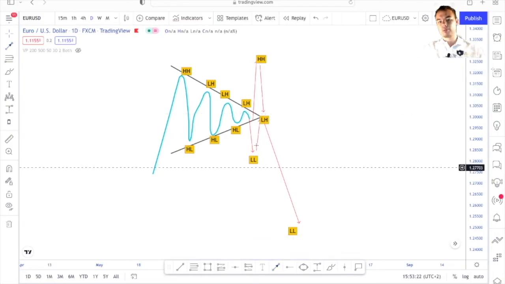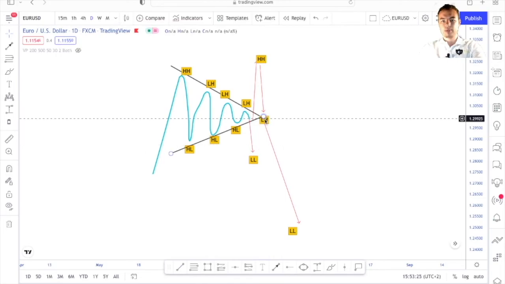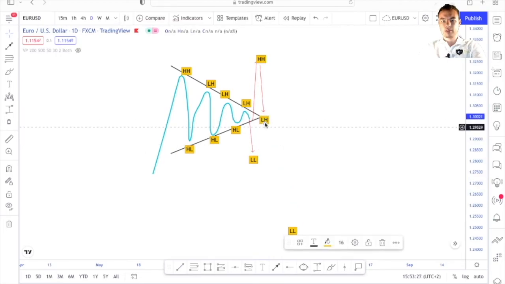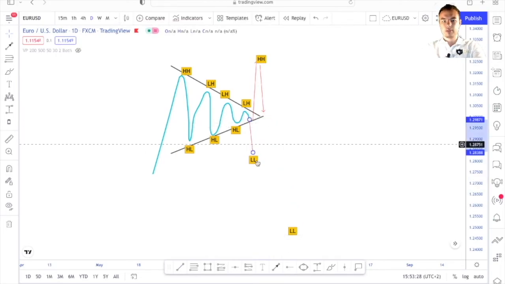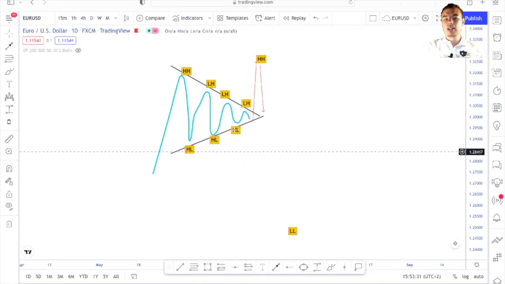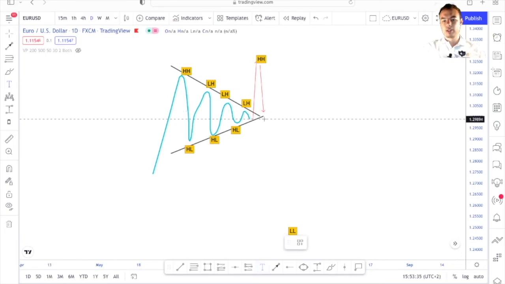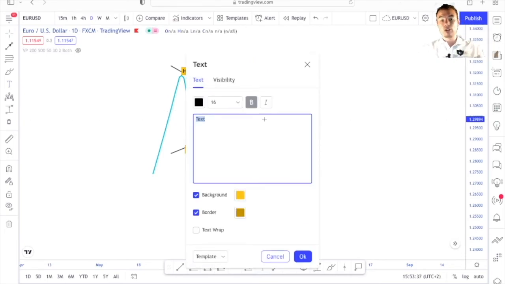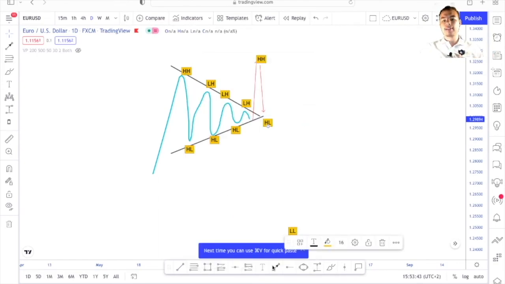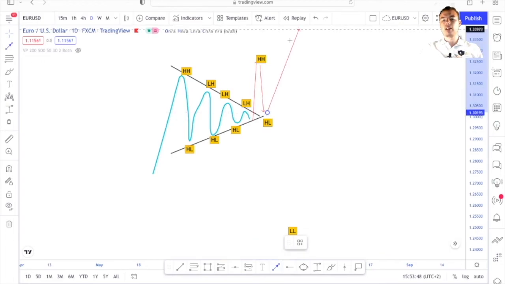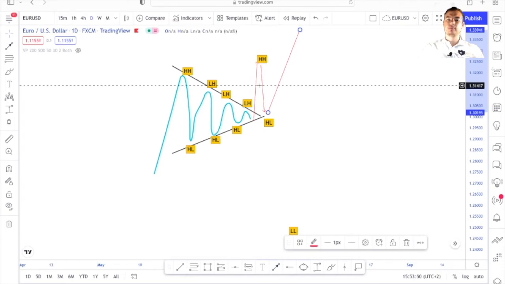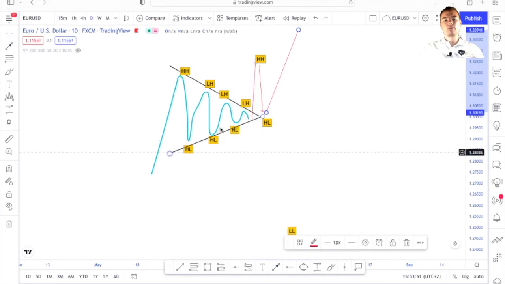Let me just remove this example. And then make a new higher low. Make a new higher low. Then you carry on with your analysis, Fibonacci, support and resistance, whatever. And then that's when you will buy, because it's most likely going to make a new higher high. So that's a symmetrical triangle.